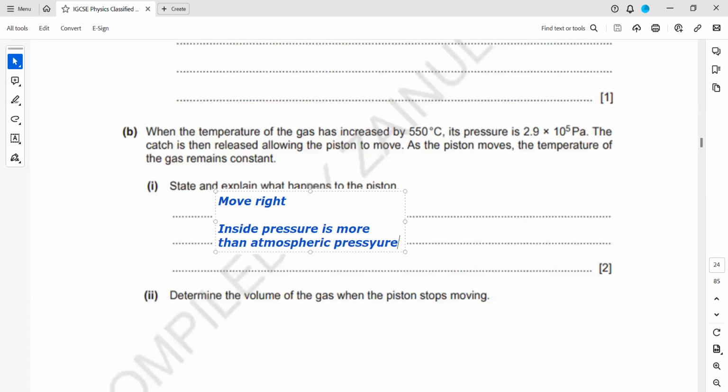And eventually what will happen? When the gas expands, the pressure decreases. So the piston will stop when outside and inside pressures are equal.